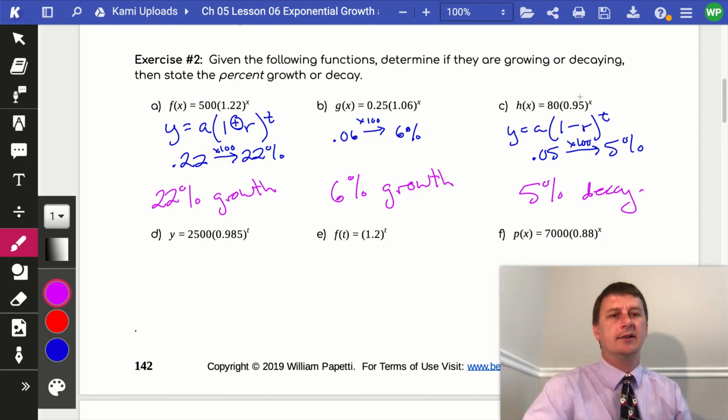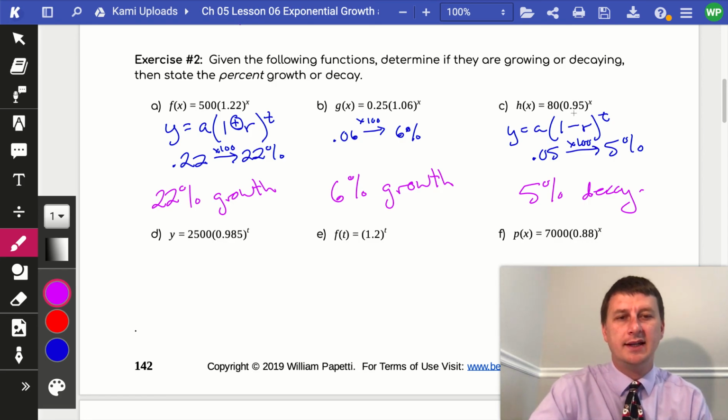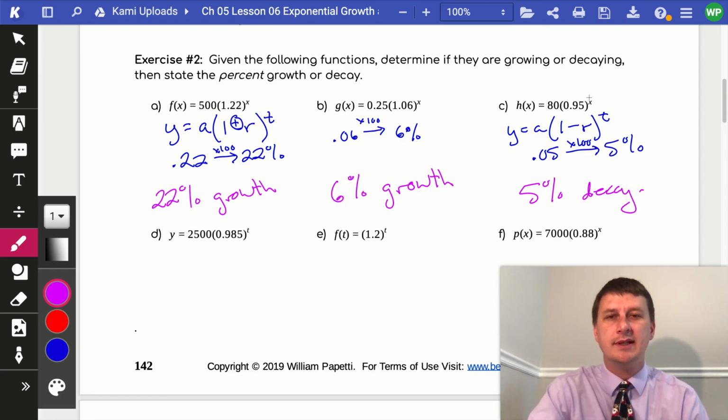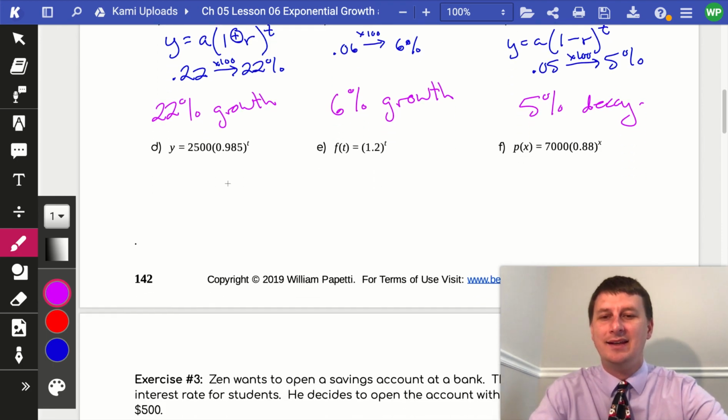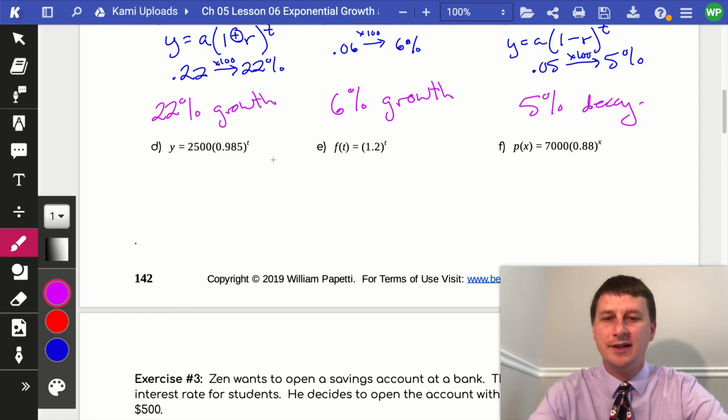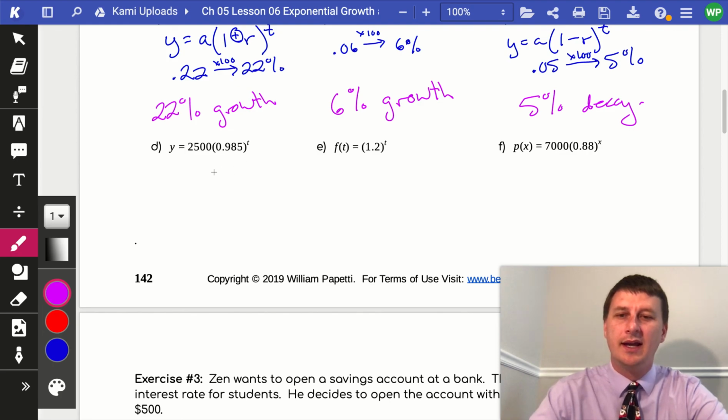Also, the way I like to think about it is if you have 95% inside your parentheses, what percent are you missing? Well, 5%, of course. All right. So now we have 0.985 in these parentheses. And so we're clearly missing something from 100. And what are we missing?